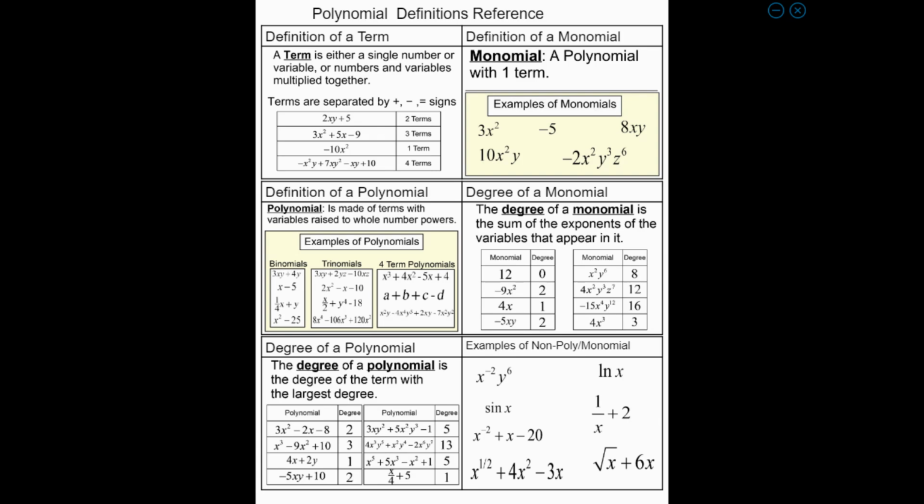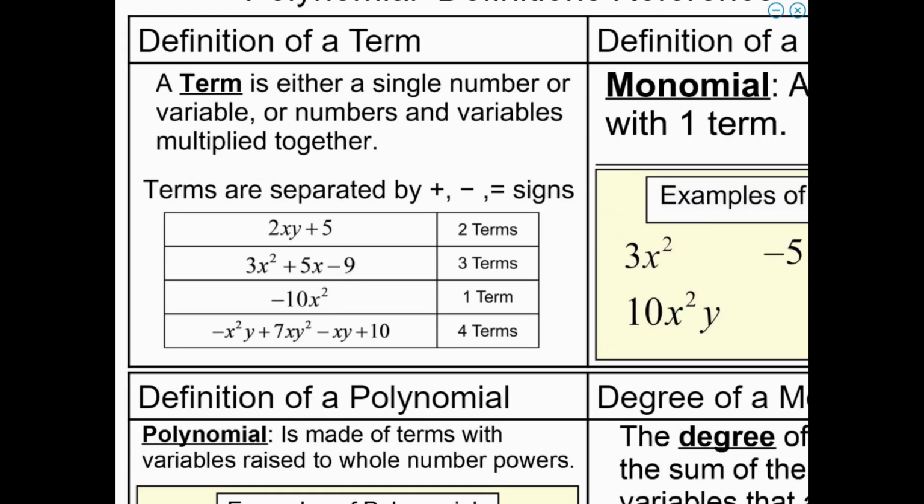So this page right here is not in your notes. This is just a recap of some terminology that you might need a refresher on for some of the definitions today. When we're talking about a term, we are talking about things that are separated by plus, minus, and equal signs.